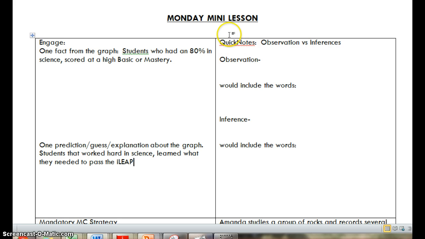What we're going to do next is take quick notes. I'm going to type up the notes, and you're just going to write that down on your sheet. An observation, every single time we see that, we need to underline it. So I need you to underline it on your paper. And every time we see it and underline it, we're going to write that it is a fact you get using your 5 senses.